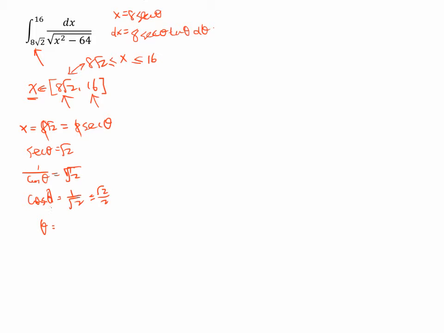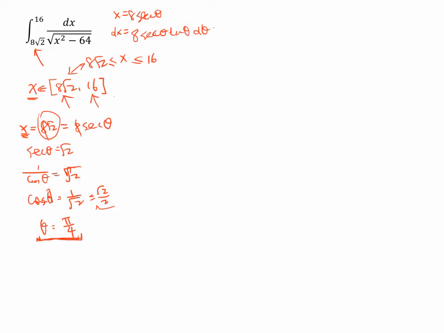We don't consider any negative or complicated case, so here it's simply pi over 4. Positive gives me positive value and simple. Okay, since 8 square root 2 is the end value for x, this pi over 4 is also an endpoint, the extreme value for my theta. I found the one endpoint for theta.